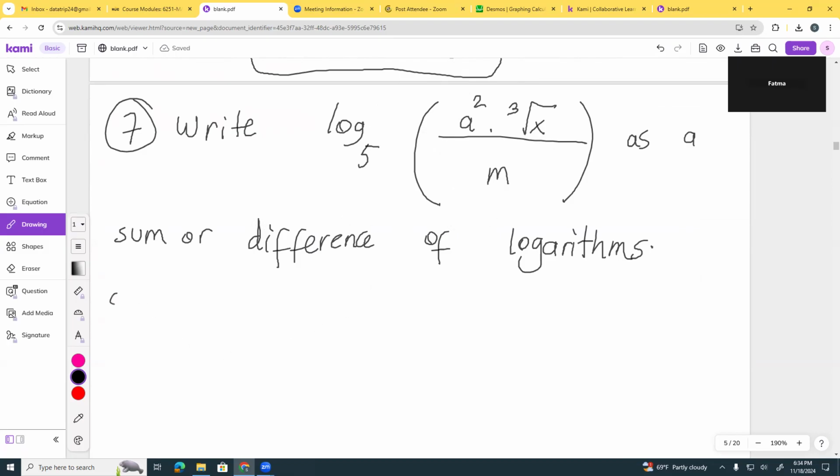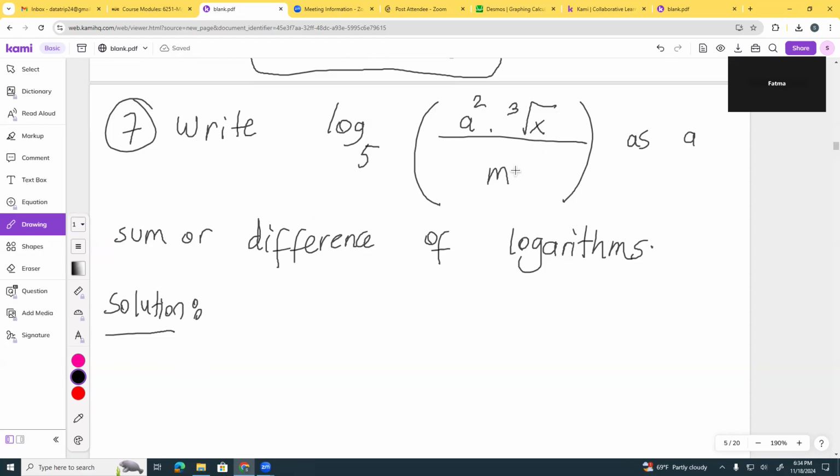So we use the quotient property and the product property, but let's see which order we're going to apply them. First, it looks to me like using the quotient rule makes sense, right? Because the quotient rule says if two things are getting divided, we can rewrite them by what?